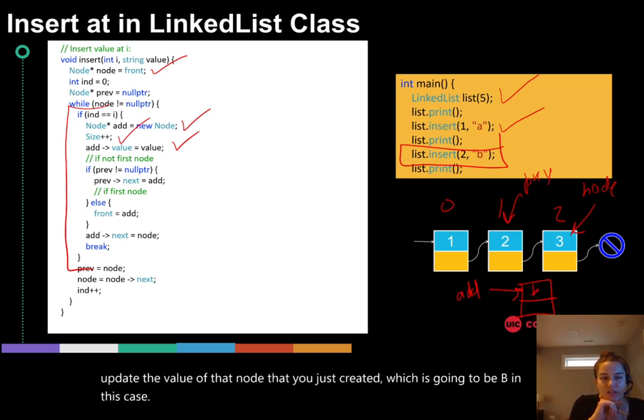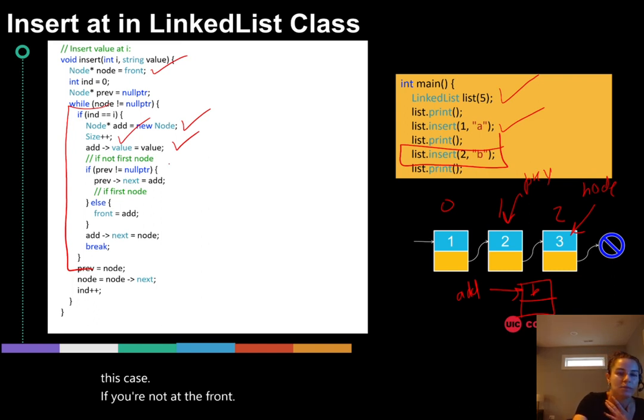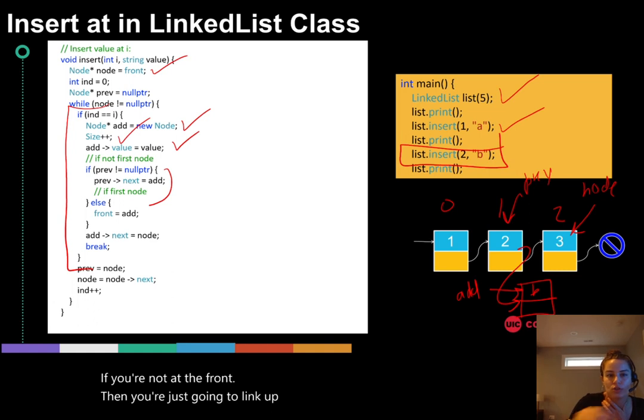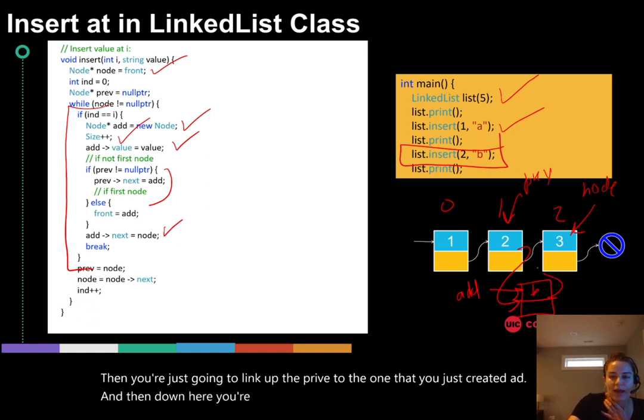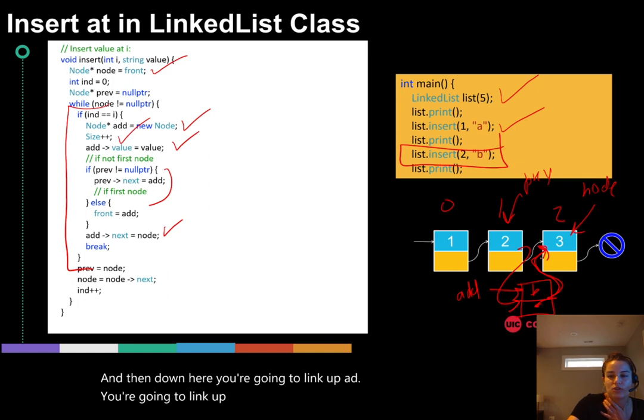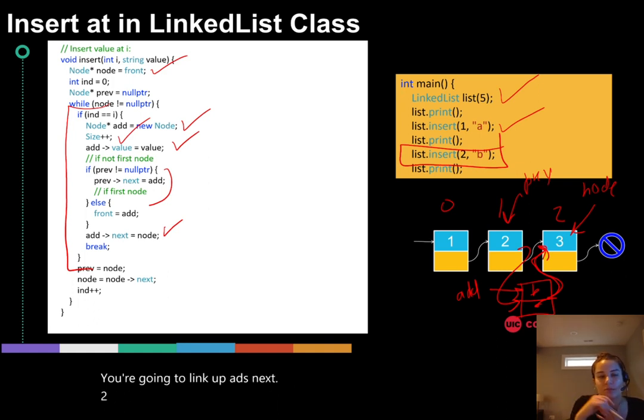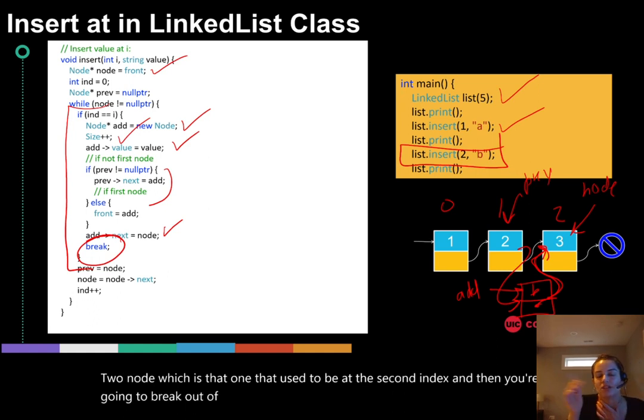If you're not at the front, then you're just going to link up the prev to the one that you just created, add. And then down here, you're going to link up add's next to node, which is the one that used to be at the second index. And then you're going to break out of the loop because you've inserted and you're done.